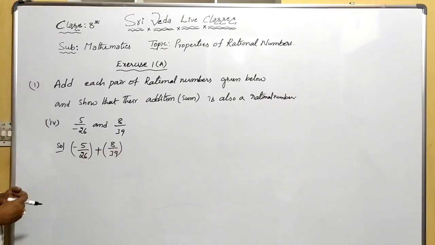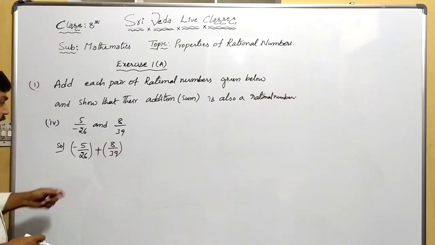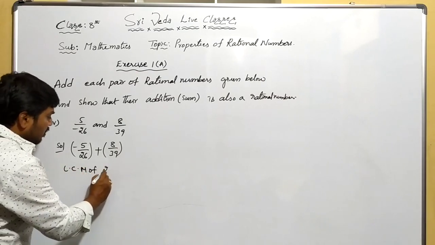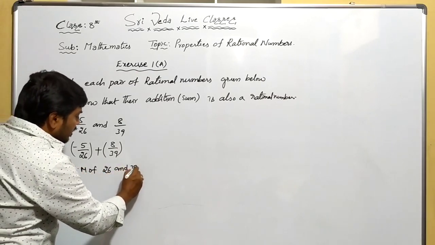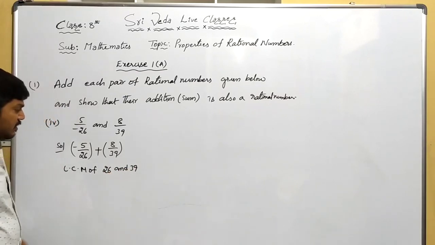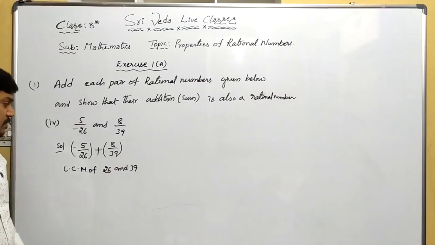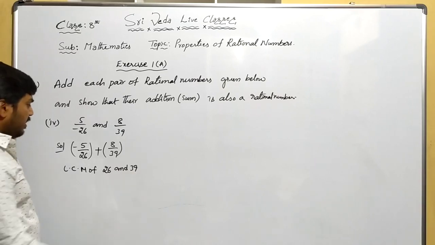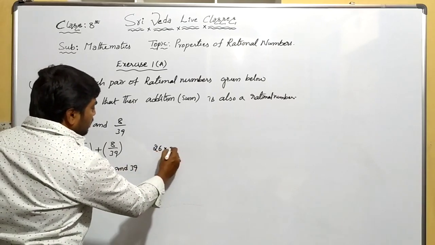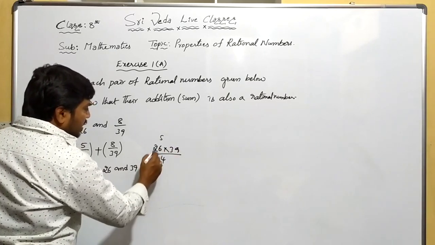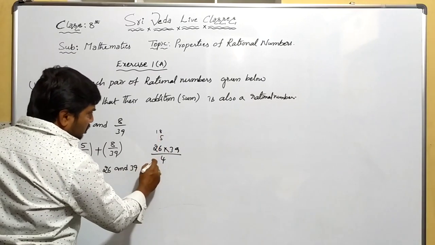Now take the LCM of 26 and 39. Since 26 and 39 are co-primes, the LCM is 26 into 39. So 9 sixes, 9 twos are 18, 18 plus 5, so 23.